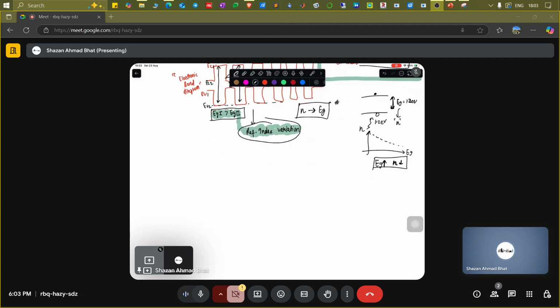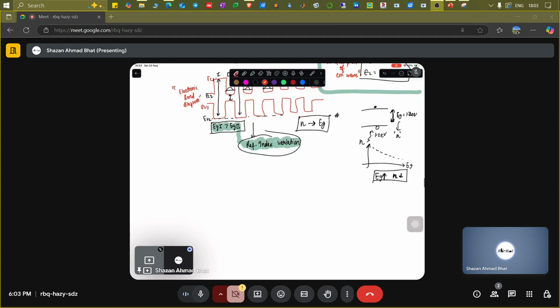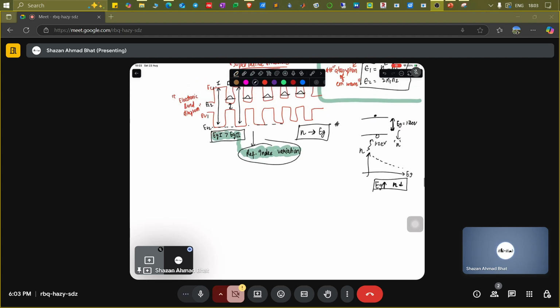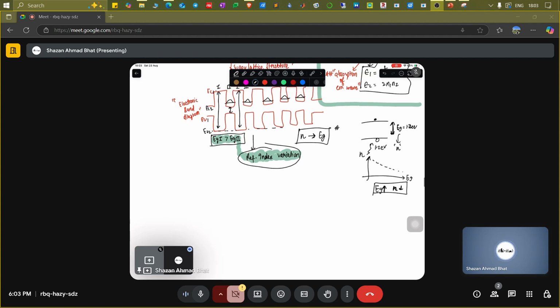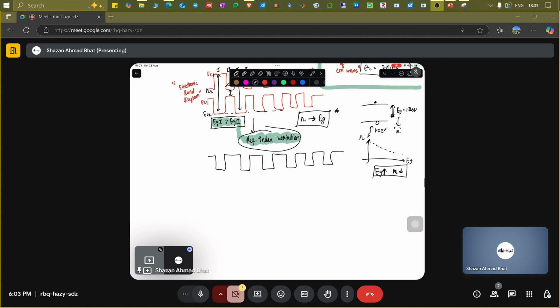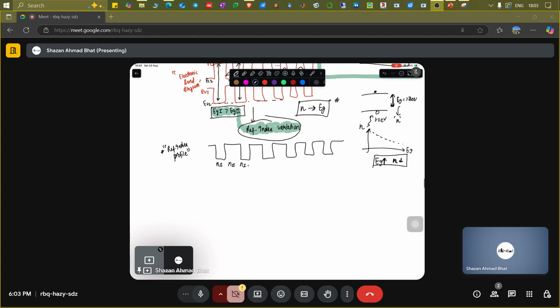The refractive index profile will look something like this, just like I said, it varies inversely. This is the refractive index profile. You don't need to show the valence or conduction band here because it's just the variation of the refractive index. This is N1, this is N2, this is N1, and so on and so forth.